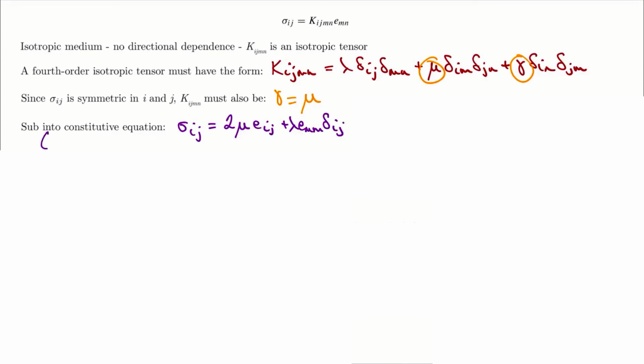Where EMM, we remember, I'll write it here just for clarity, is del dot U, which was our volumetric strain rate that we looked at previously in kinematics.